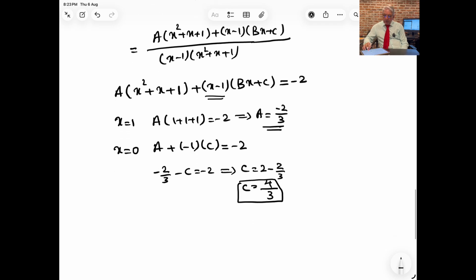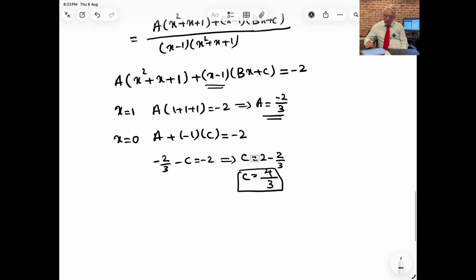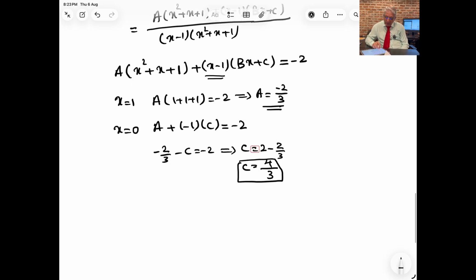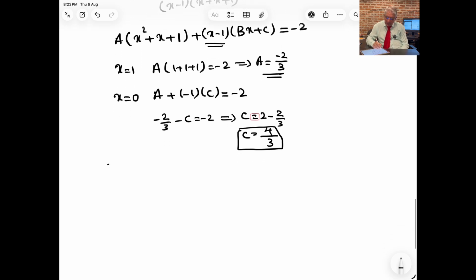Now, we want to substitute another number. I go for x equal to negative 1. Okay. A will be times 1 minus 1 plus 1 on the left hand side, plus negative 1 minus 1 times negative b plus c is equal to negative 2.